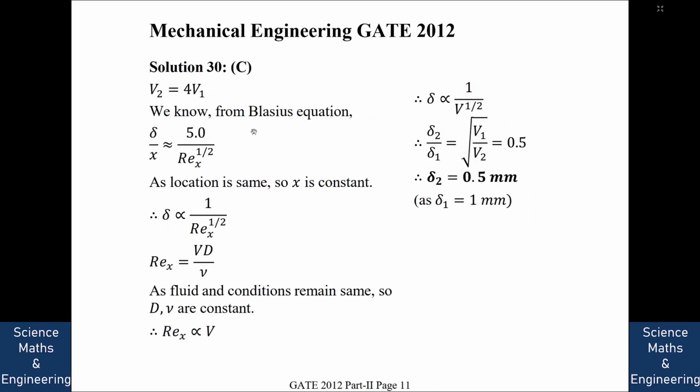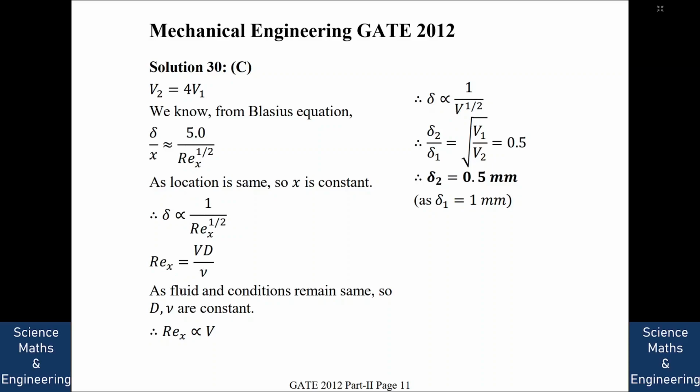See, from Blasius's equation we know delta by x is approximately equal to 5 by Rex to the power half. Now as location is same, so x is constant, so delta is directly proportional to 1 by Rex to the power half. So again Rex is what?